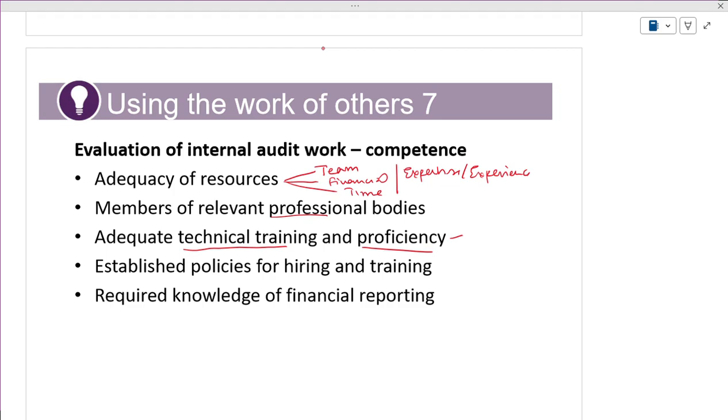You should know the policies of hiring and training of the people whom we are going to take as experts. They should not only have the domain knowledge, but also knowledge with respect to financial reporting.